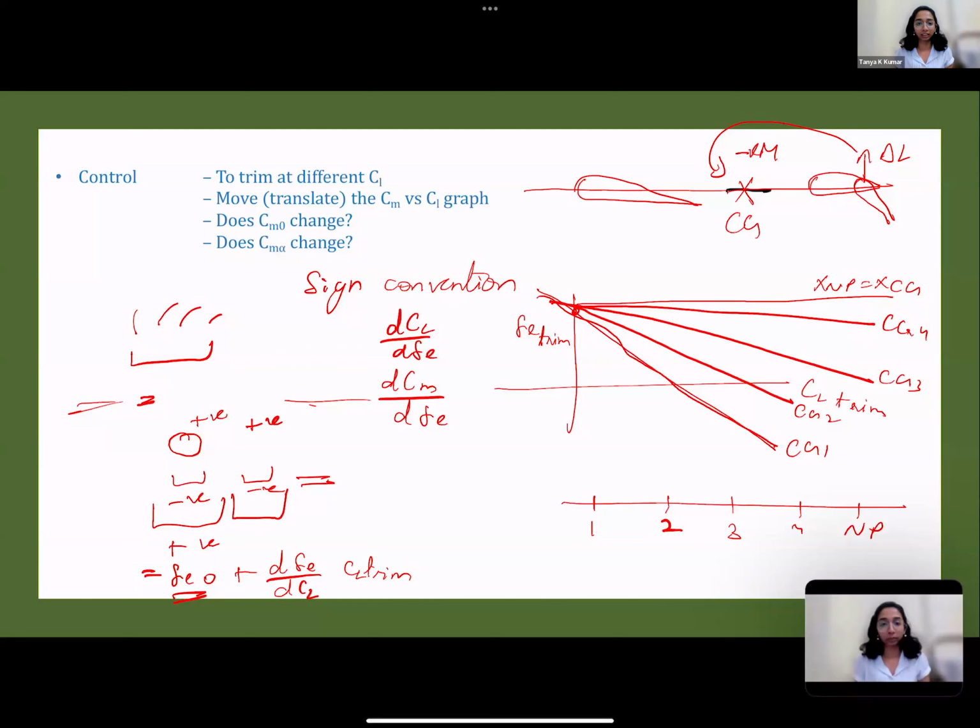Do you remember we discussed controls? You remember this graph that I drew? Delta E trim.